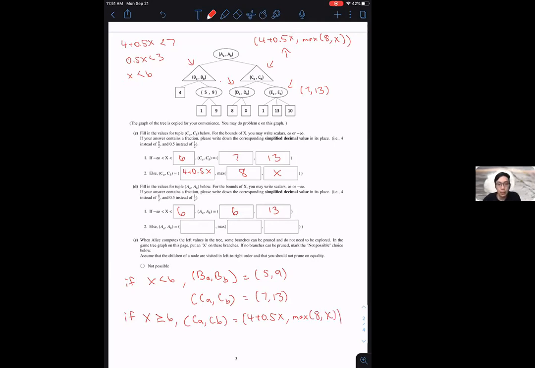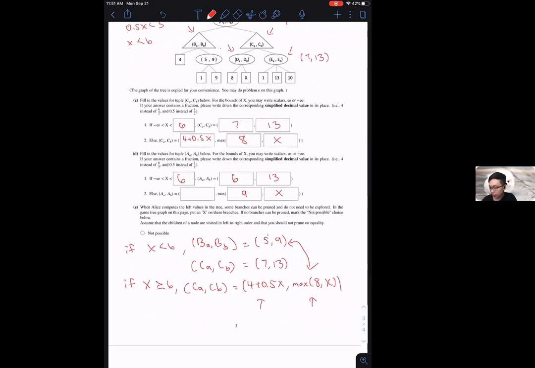Okay. So in this case, we still know that the oval node is going to behave in the same way. So it's just going to choose the maximum between 8 comma x and 9, which means in this case, that's essentially the same as choosing between 9 and x. So we have it like this. And we know that Alice believes that Bob is choosing the expected value once again. So she's going to choose the expected value between this 4 plus 0.5x and 5.